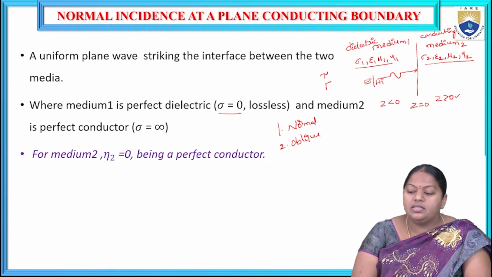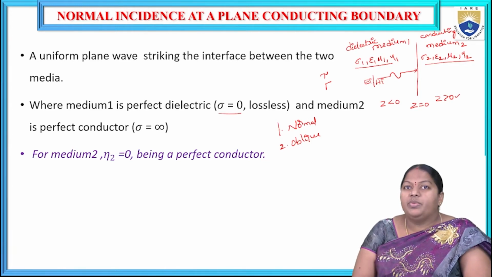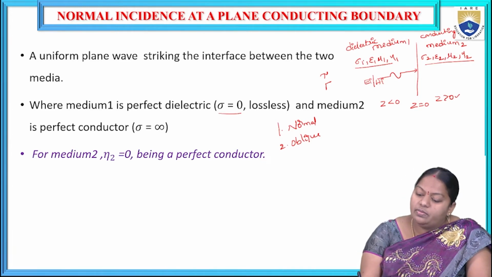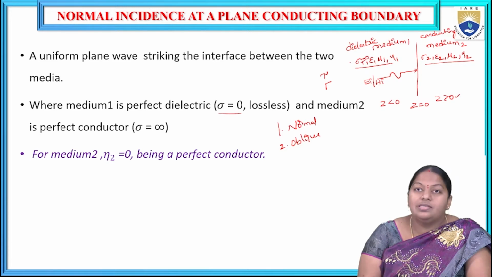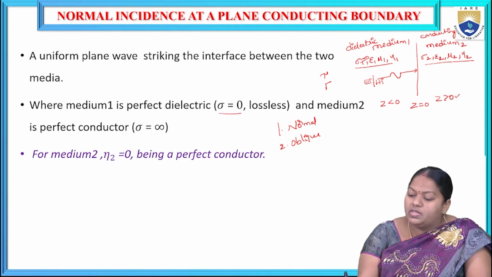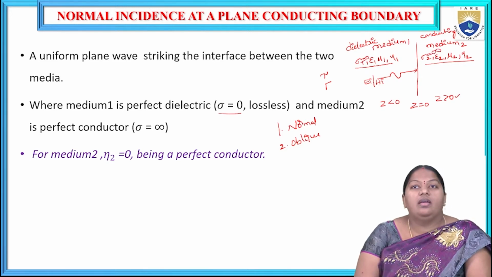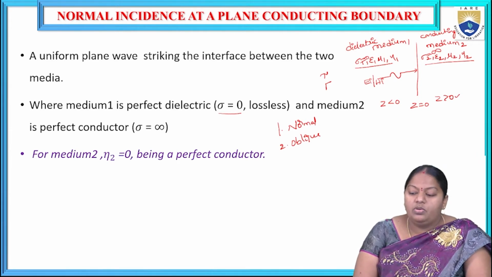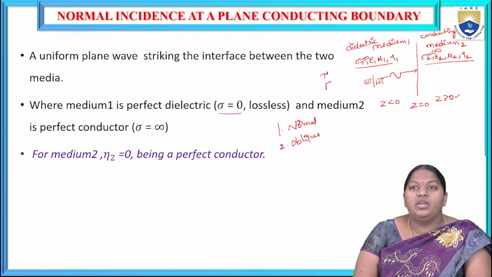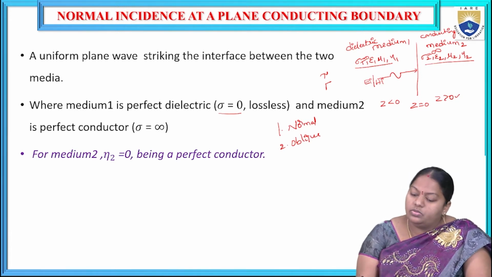For the dielectric medium, sigma is assumed to be 0. For the conducting medium, sigma is assumed to be infinite. Depending upon that conductivity, the media are defined as dielectric medium and conducting medium. The characteristic parameters are epsilon 1, mu 1, eta 1, epsilon 2, mu 2, eta 2.